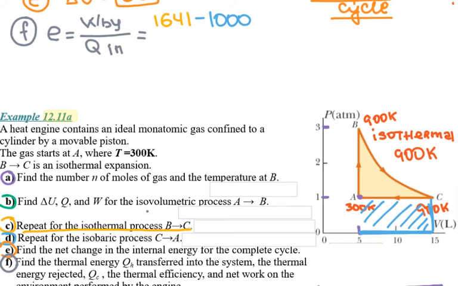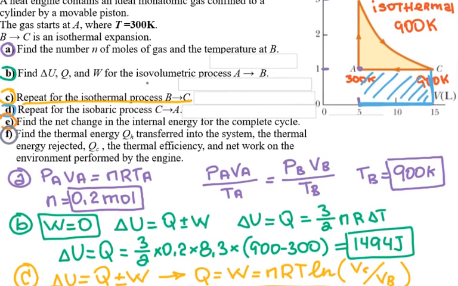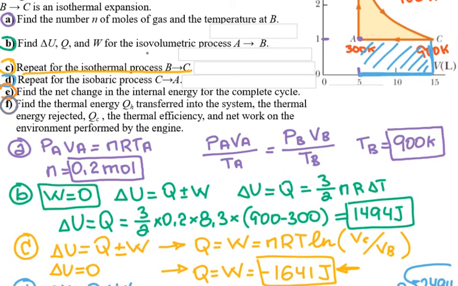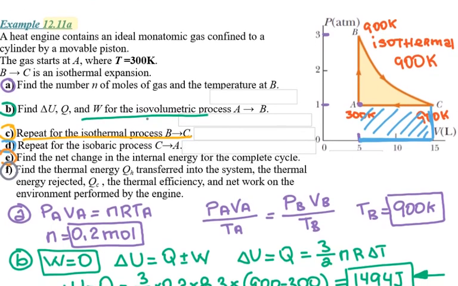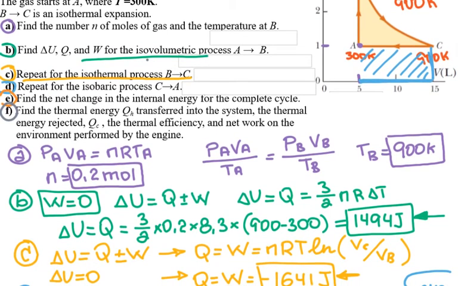And then the heat added into the system. So we have heat added into the system twice. One time it is added in B. So in B we had the Q was 1494. So that was the heat added into the system, so 1494. And then one more time the heat was taken out of the system, and that was in C. So that is again our BC process.